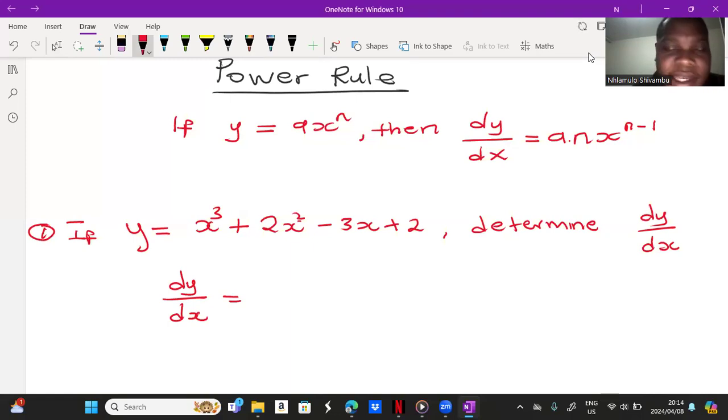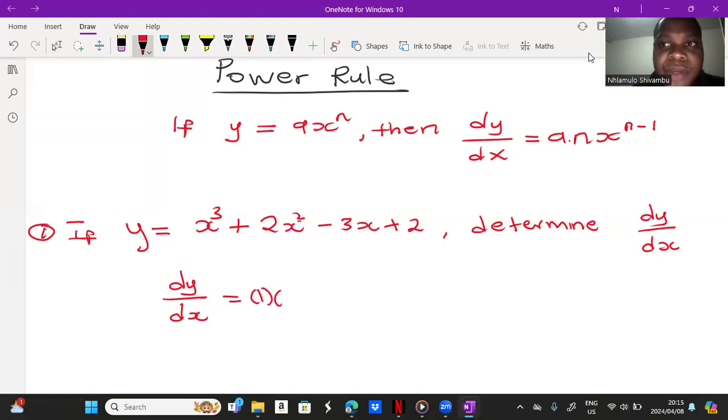The coefficient of x cubed here is 1. We're not allowed to write 1x or 1y. The coefficient is there, it's just invisible. So here we're going to have 1 times the exponent.